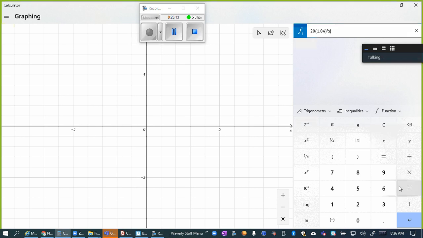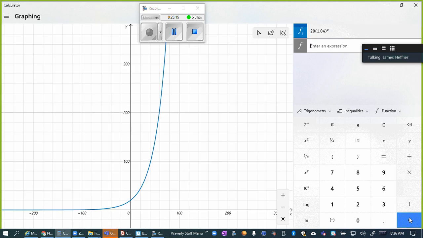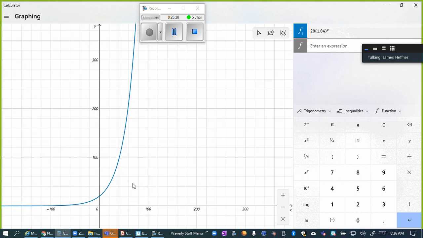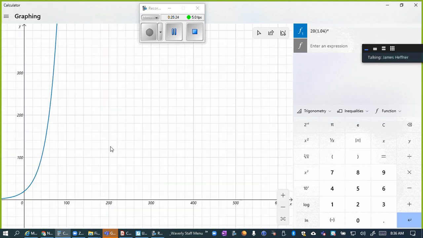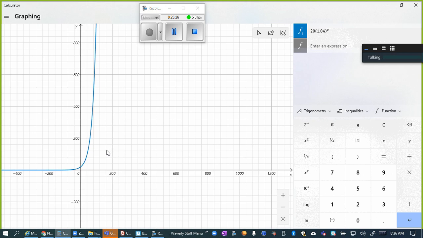That works, right? Let me hit enter. So that's the first stock, right? And I can just drag the screen around. I don't want any negative values, right?